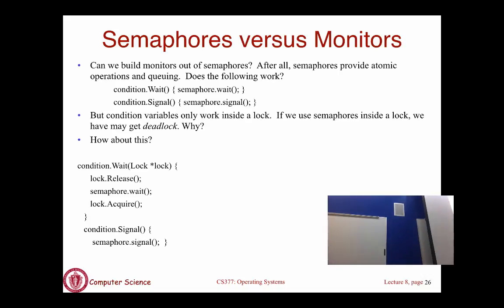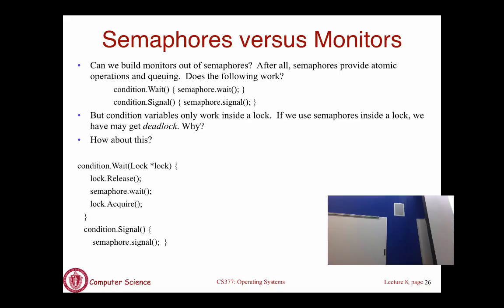If you remember, from two classes ago, maybe more than two because there's a test somewhere in between, what does semaphore.wait do? I said semaphore.wait always decrements the semaphore first.